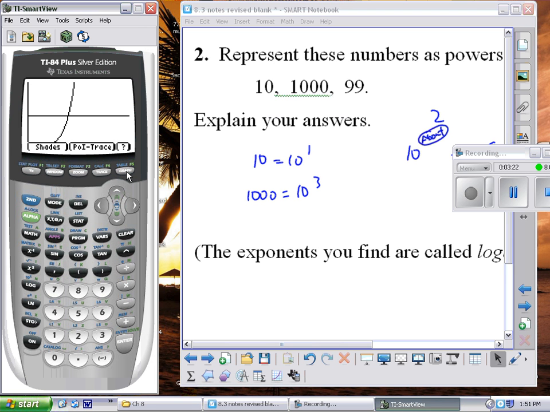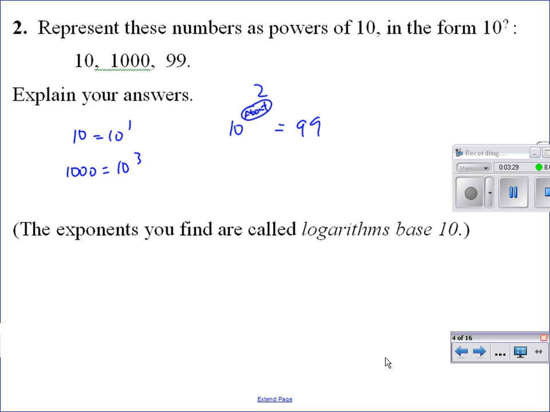When you find that crossing point, you get 1.99 to the nearest hundredth. So you can say 10 to the 1.99 equals 99.